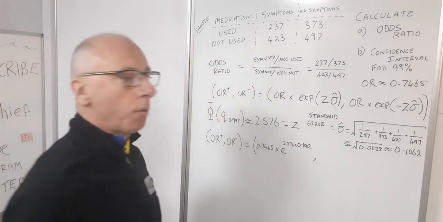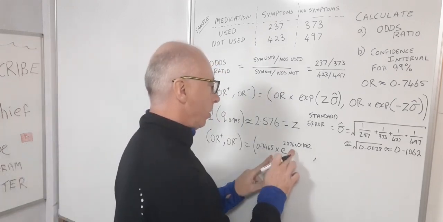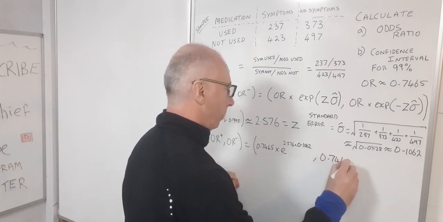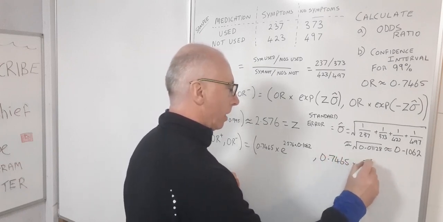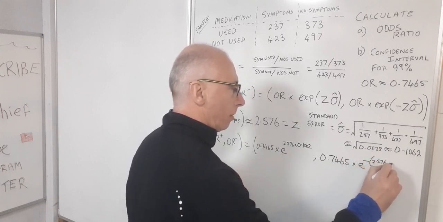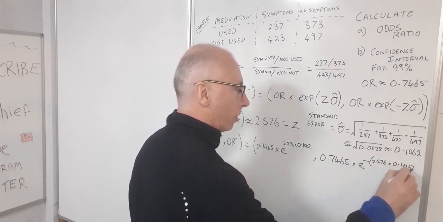And then our lower bound will basically be this to the negative exponent. So 0.7465 times e to the negative 2.576 times 0.1062.